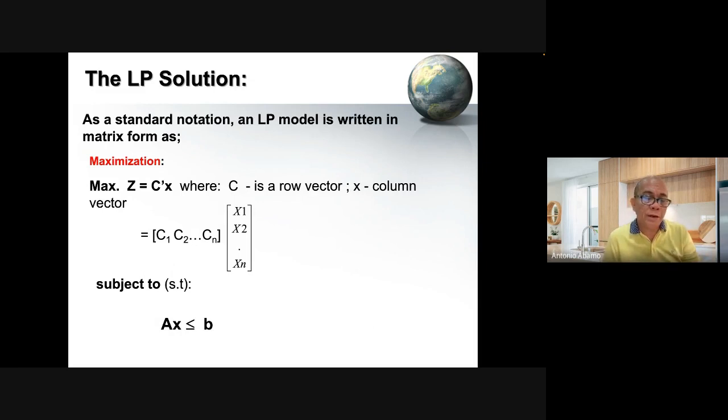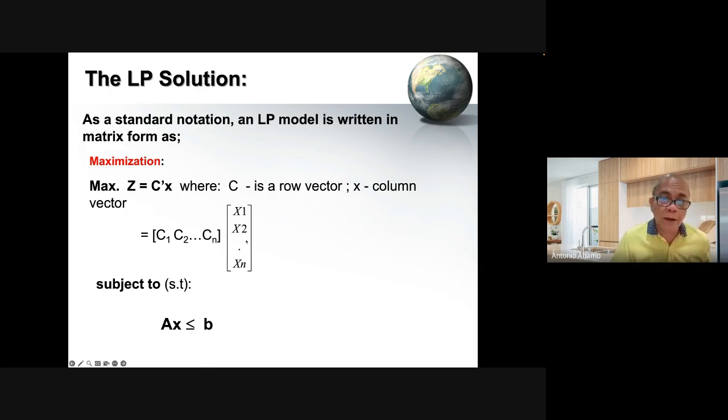This is a standard matrix notation of an LP model where the equation is maximize Z equals C transpose X, where C is a row vector and X is a column vector. So C transpose X is this one. Because it's already a transpose, it should be a column.